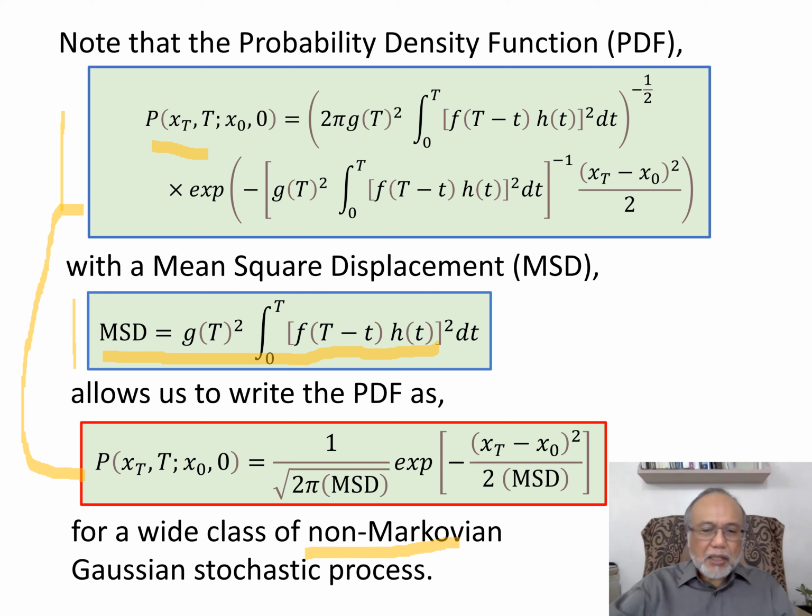It is non-Markovian because the MSD contains a memory function. This f function of the final time t minus t prime is a memory function, so it is non-Markovian. On the other hand, looking at the form of the PDF, it is a Gaussian stochastic process. So if you would like to know the diffusion equation, or the modification of the diffusion equation that this framework has, then we can easily do that, and in fact obtain the modified diffusion equation.